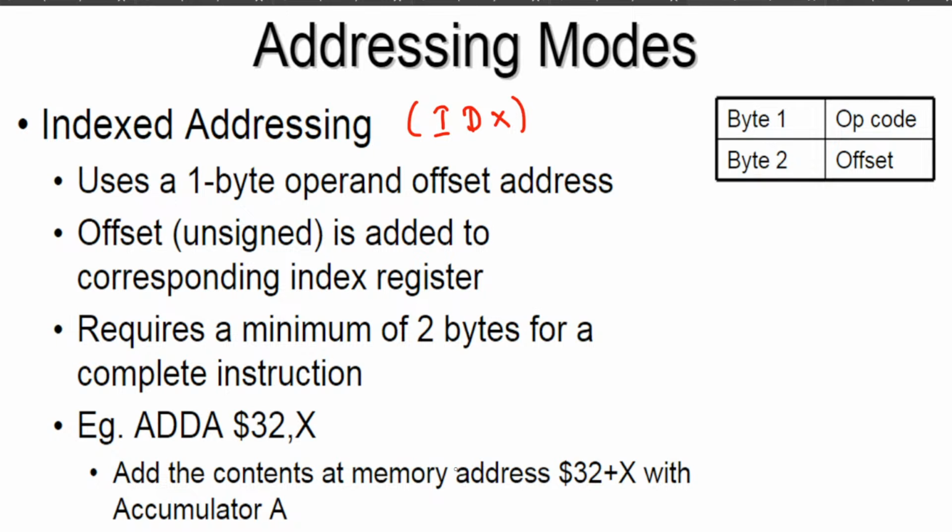So add the contents at memory address 32 plus X to accumulator A. So it's adding the contents at memory 32 plus X with accumulator A. That's what this ADDA means. And it only requires an opcode and offset, so totally a 2 byte instruction.